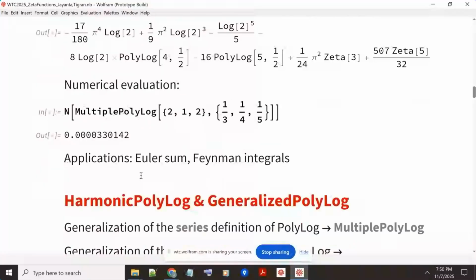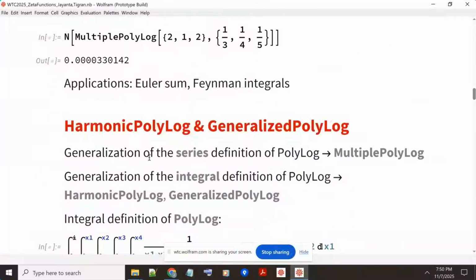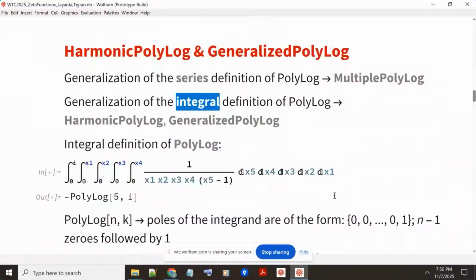Okay, so these are the last two special functions in this category, harmonic polylog and generalized polylog. We saw that if we generalize the series definition of polylog, we get multiple polylog. And we'll see that if we generalize the integral definition of polylog, we get harmonic polylog and generalized polylog. So this is the integral definition of polylog.